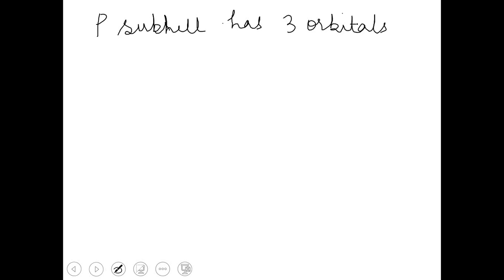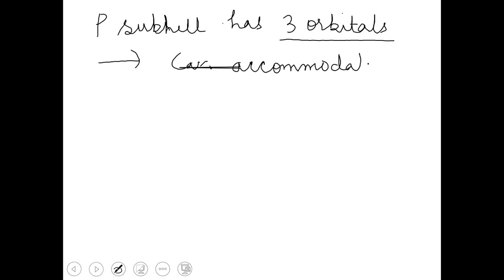And as you know, each orbital can accommodate two electrons. So how many electrons can be accommodated in the p subshell? The p subshell can accommodate 6 electrons. So I hope this point is also clear to you.